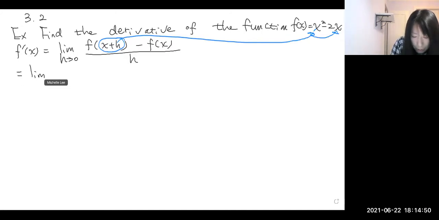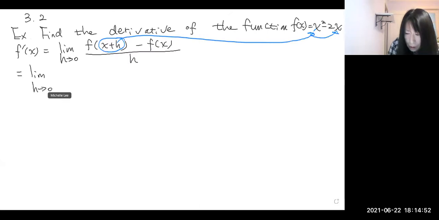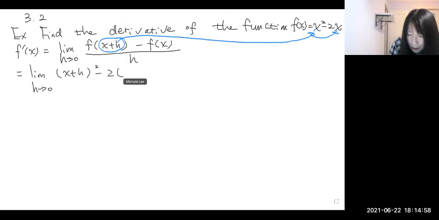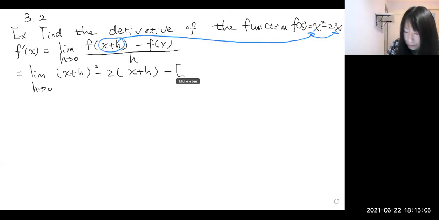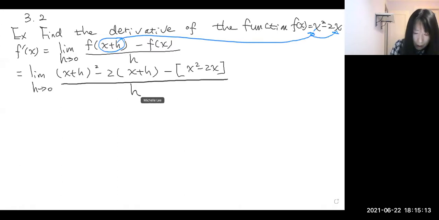Limit as h approaches 0. Now x plus h squared minus 2 times x plus h, minus f of x, we just copy down x squared minus 2x. Okay, over h.